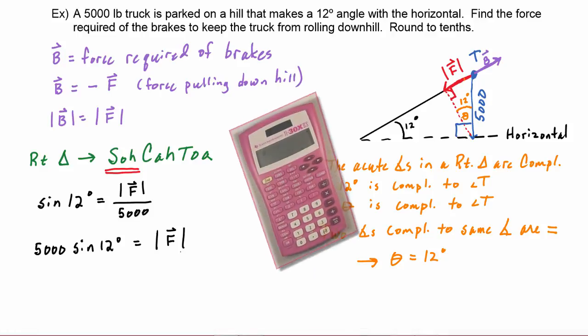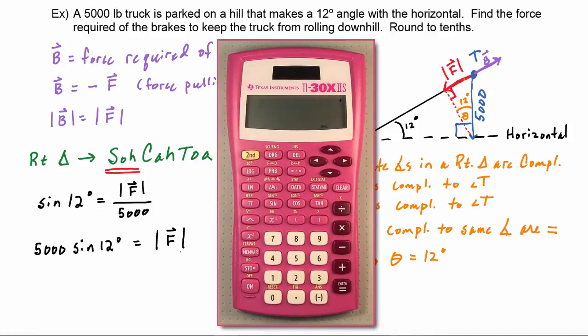Now we can enter this on our calculators. 5,000 times the sine of 12, and rounding to the tenths place, we get 1,039.6.